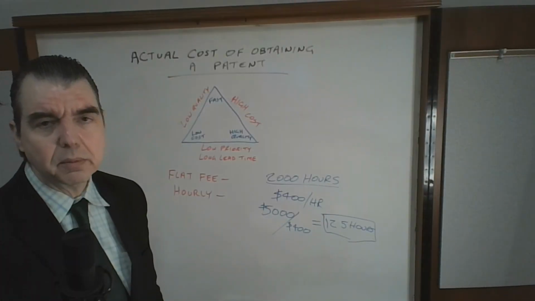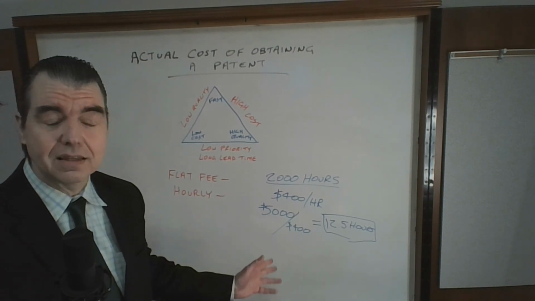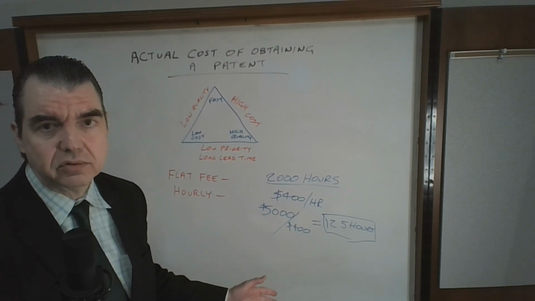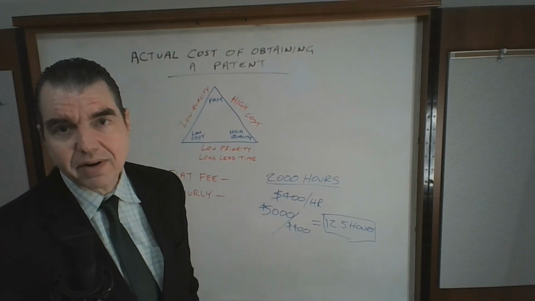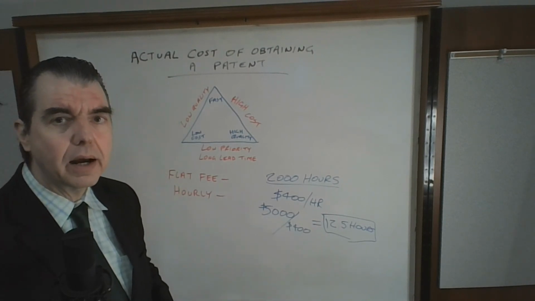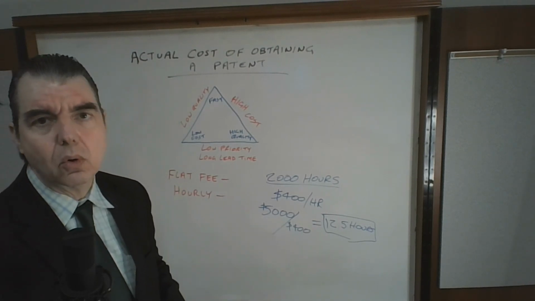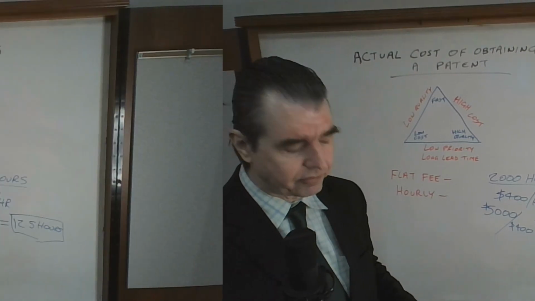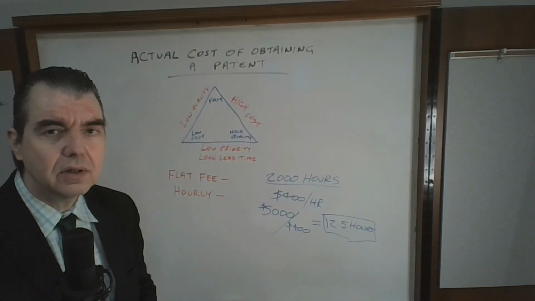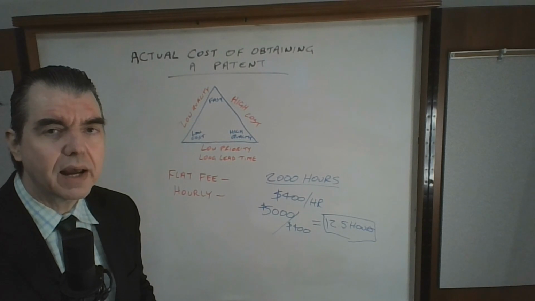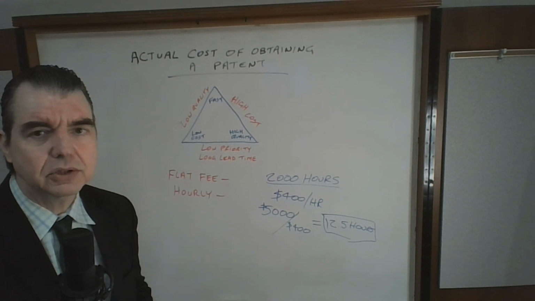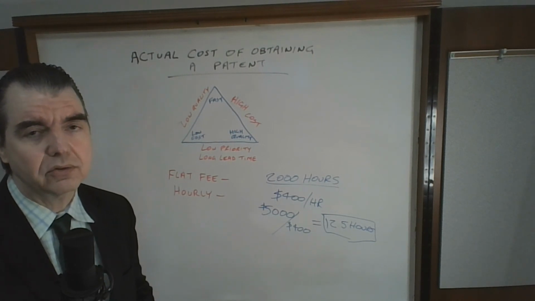Now, depending on what the patent application is and depending on the level of experience of that associate, the 12 and a half hours may be sufficient to prepare a high quality or at least a decent quality patent application on your behalf. But if it turns out that associate isn't very experienced, 12 and a half hours to get your patent application completed may be a challenge for that associate.